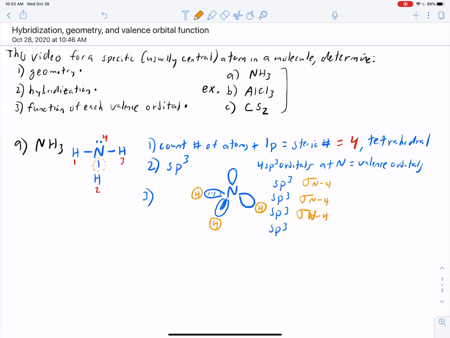That last orbital must contain the lone pair because there's a lone pair and it needs a home. There's the dot. The fourth sp3 orbital holds that lone pair. I have now assigned a function to each valence orbital, to the sp3 orbitals at nitrogen in NH3, and that completes the exercise.